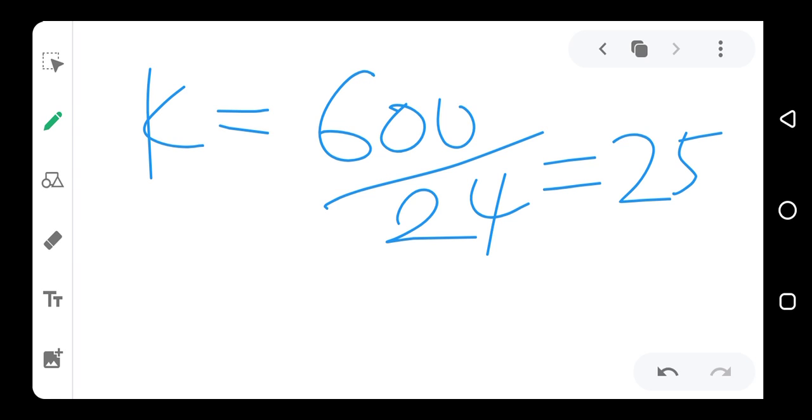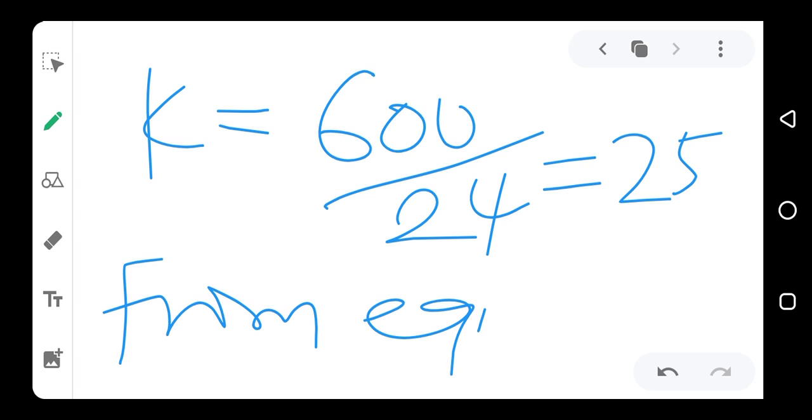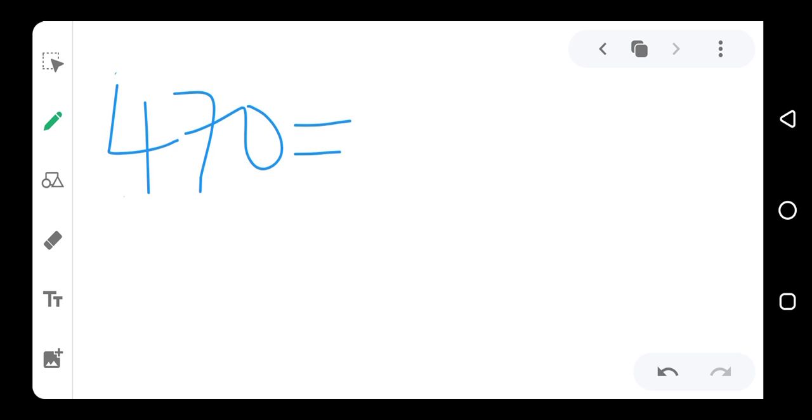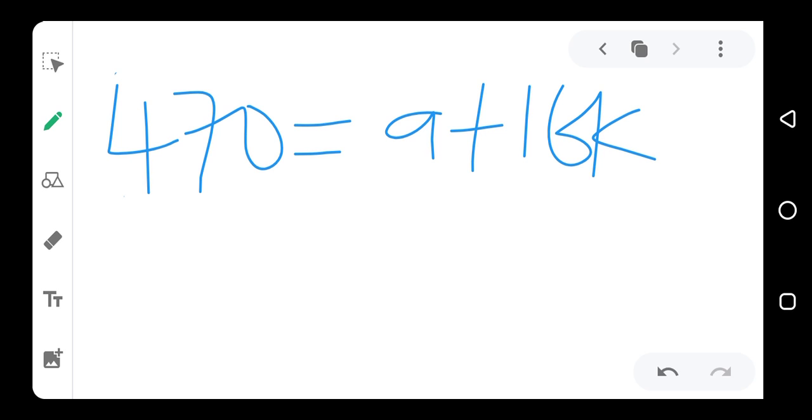Now we have that from equation 1, 470 is equal to A plus 16K, and we already know K as 25.